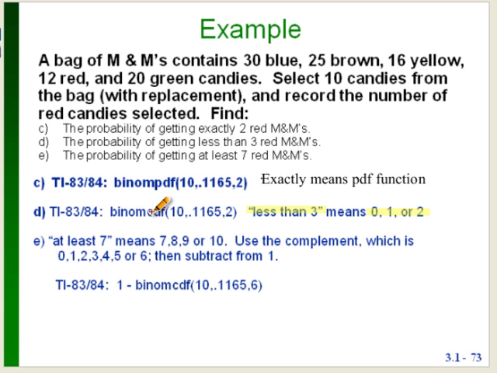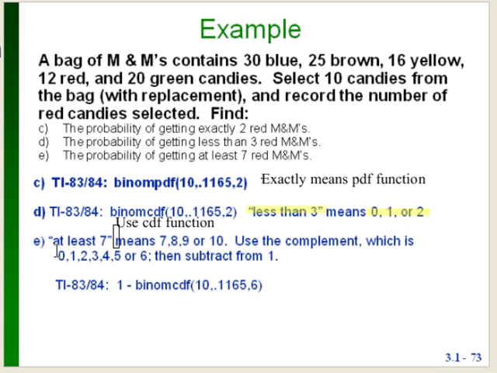And notice in this one you're using your CDF function, because that will automatically go from 0 up to whatever number that you put in. So in this one we put in the n, the p, and the x, and it will automatically give you the whole value from 0 up to x.